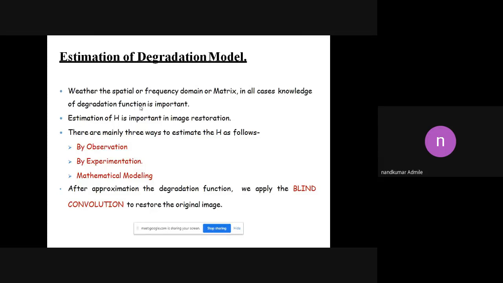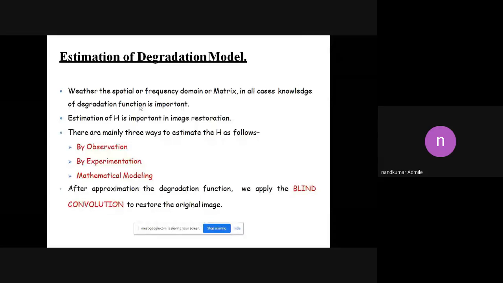We have to study the two types of filters and estimation of a degradation model. Today we can stop up to the various types of noise models. We studied the six different types of noise models, their plot functions, and the basic structure of these noises.